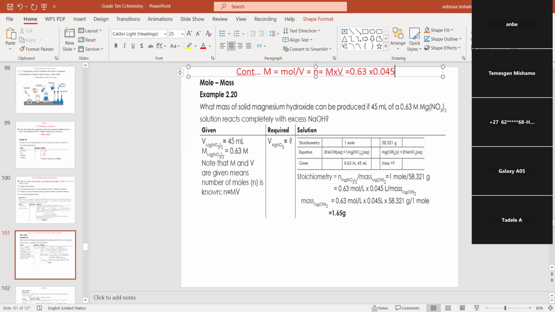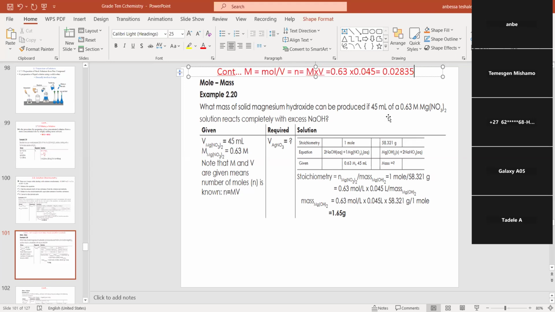0.045. Now multiply this for me: 0.63 times 0.045 gives 0.02835.